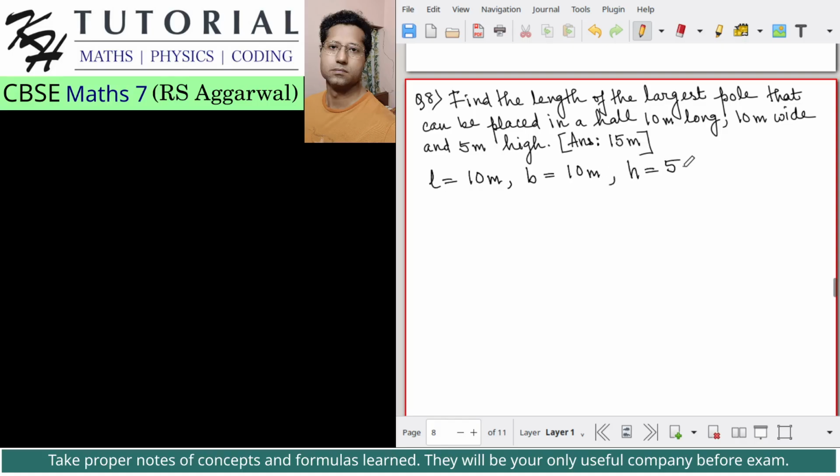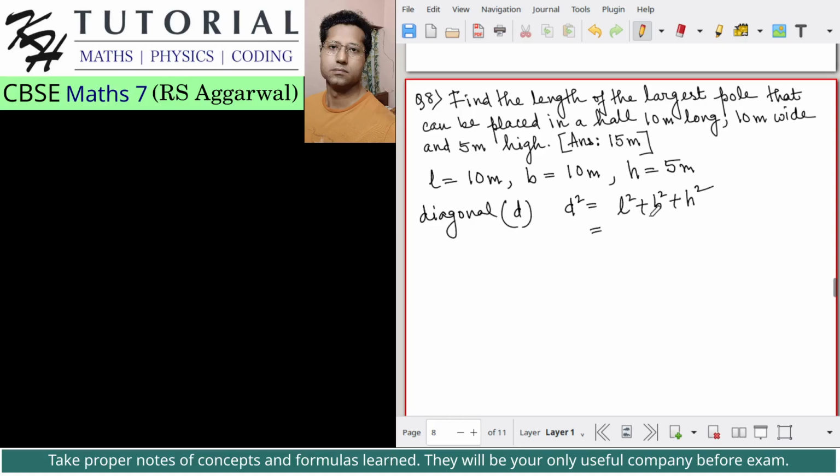and height is given to be 5 meter. So if D is the diagonal of the room, then D square is equal to L square plus B square plus H square.